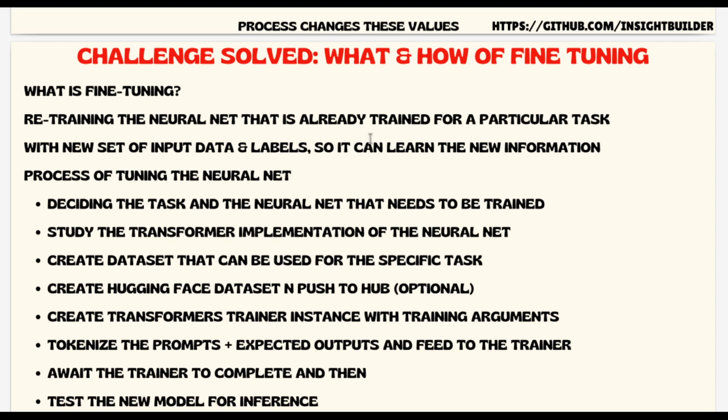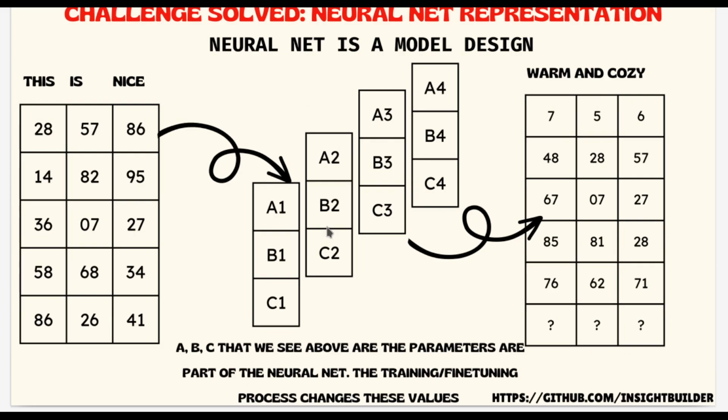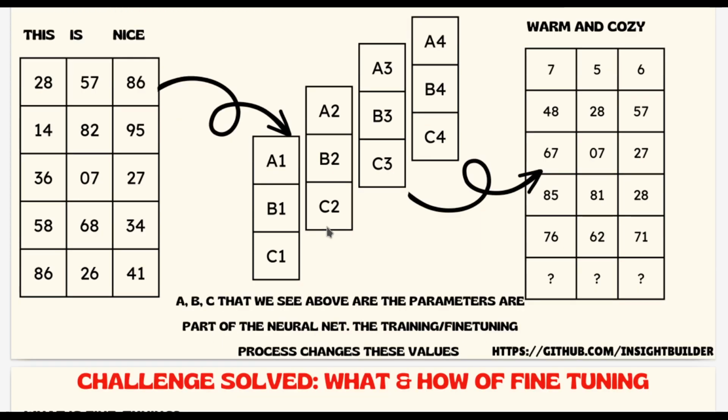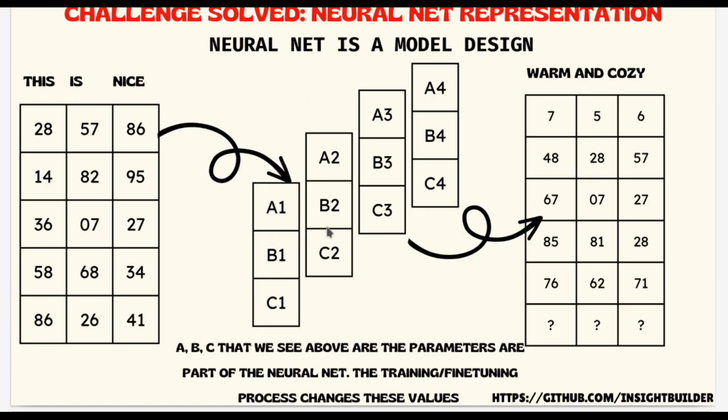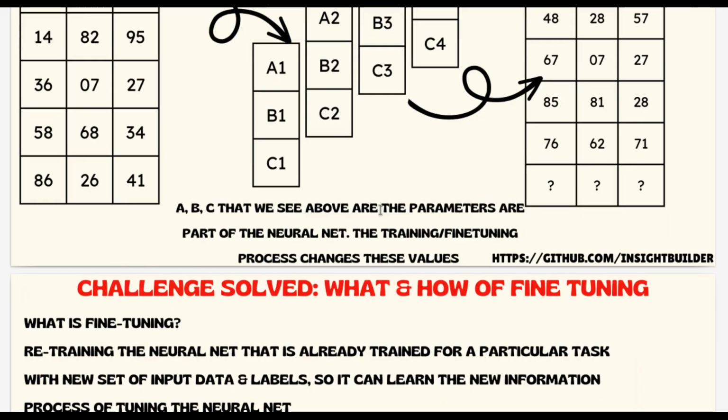You don't need to create this neural network. It is already created by researchers, existing developers or ML engineers. All you need to do is take one of these models that is already available and tune it in such a way that it can do your task. That is called fine tuning.